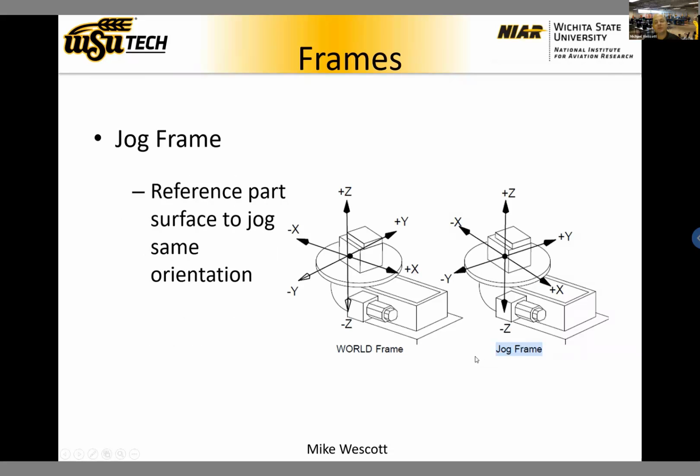Jog frames, like I said, are similar to user frames, only you can't really use them in a program. They're just meant to line up your jogging with your part, your referencing on the robot, the fixture or whatever.